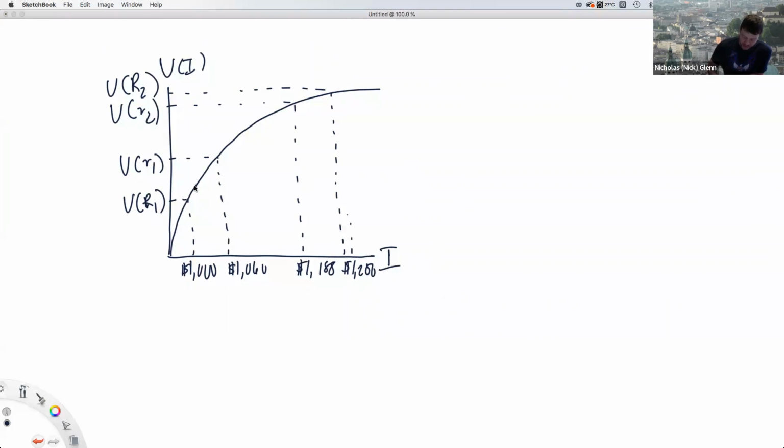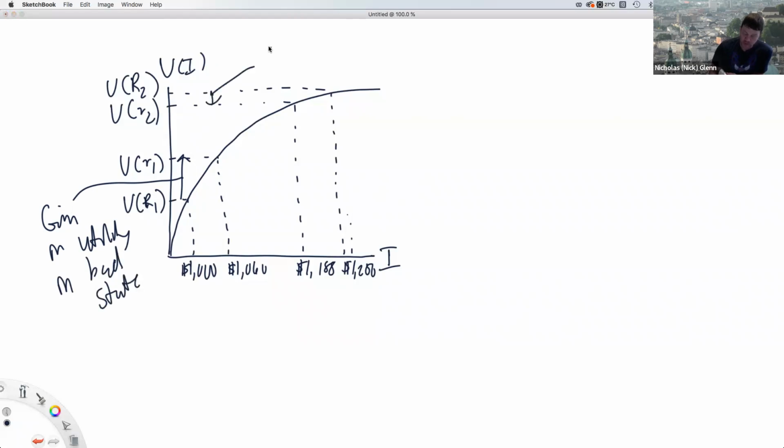Well, they get a higher return in the bad state, but they get a lower return in the good state. Well, they prefer getting this little higher return in the bad state because the gain in utility in the bad state, or when there's a liquidity shock, is greater than the loss in the good state. Okay.